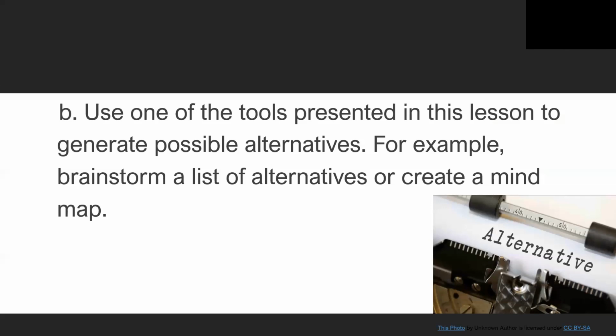An example is to brainstorm a list of alternatives or create a mind map. So first you created this situation or decision that you need to make, and now you're going to use the tools from your lesson, such as a list of alternatives or a mind map, to help you generate possible alternatives to the decision that you may have made.